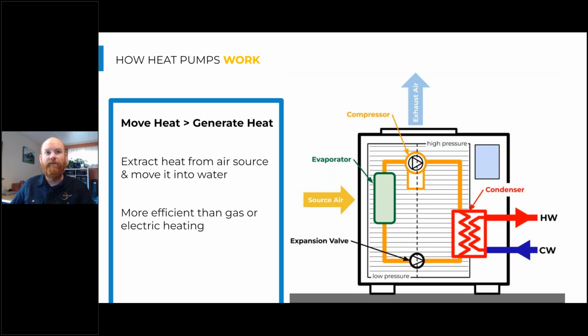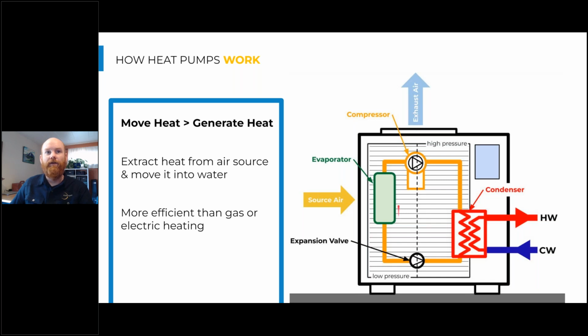And air source heat pump water heaters move heat by extracting that heat from the air into a very cold refrigerant at a low pressure. So if we draw a line down the middle of the screen or the middle of our heat pump here, we have high pressure on the right-hand side of that line and low pressure on the left-hand side of it.